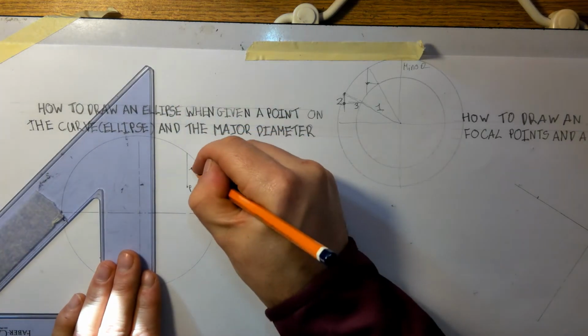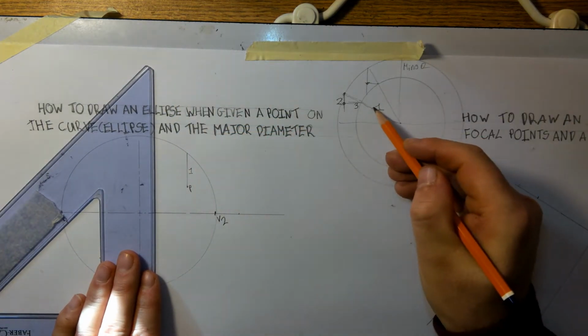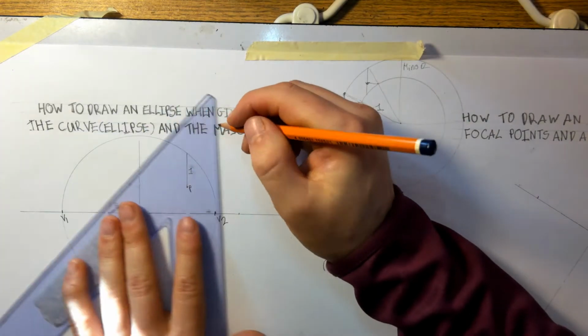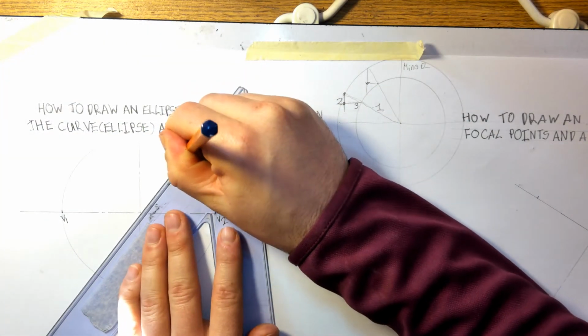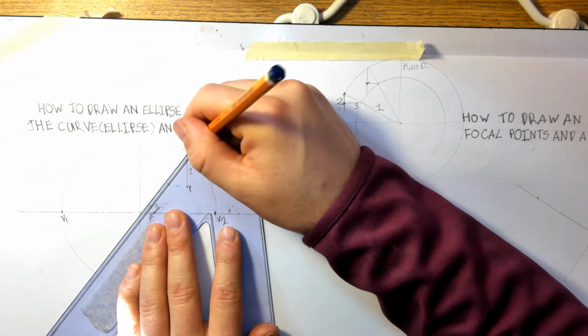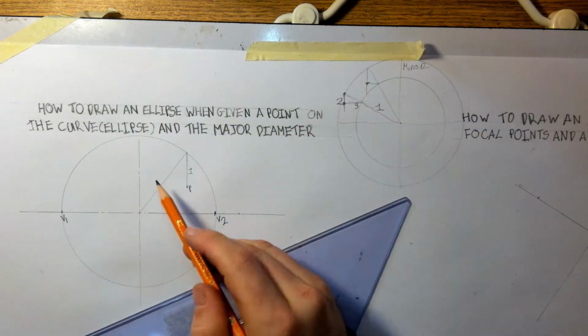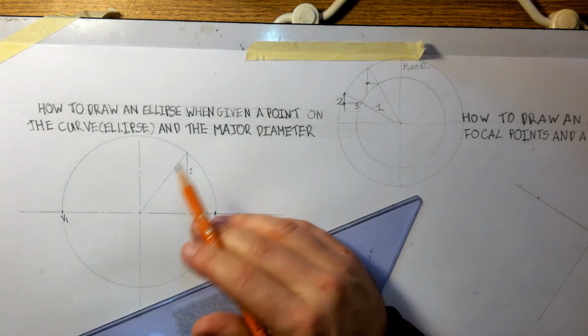So this is line number 1. Now the slope line will be drawn in next. So we join that back to the center point. Okay, so that's the division line. It doesn't have to be at 30 or 60 degrees.